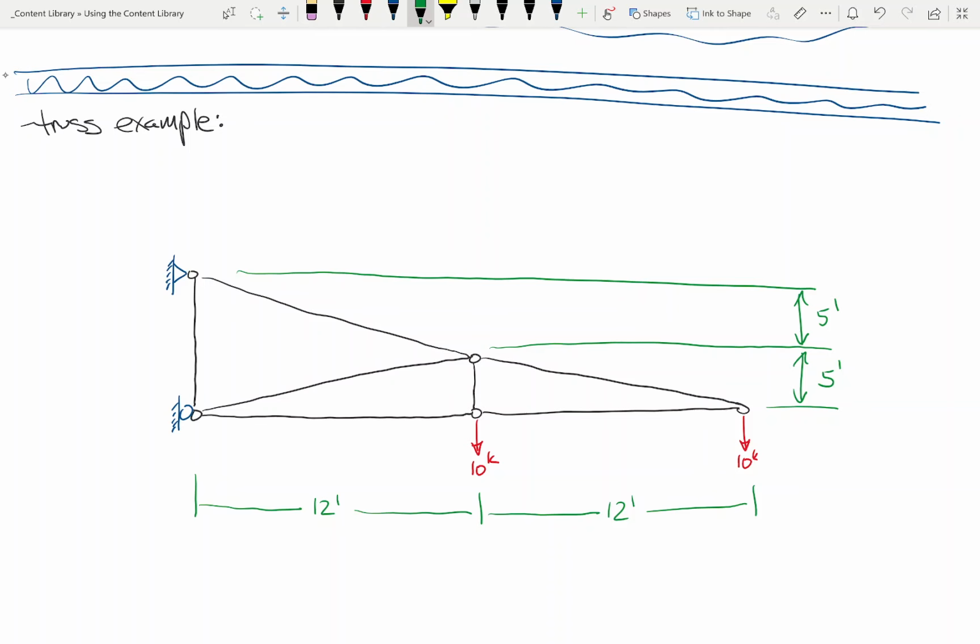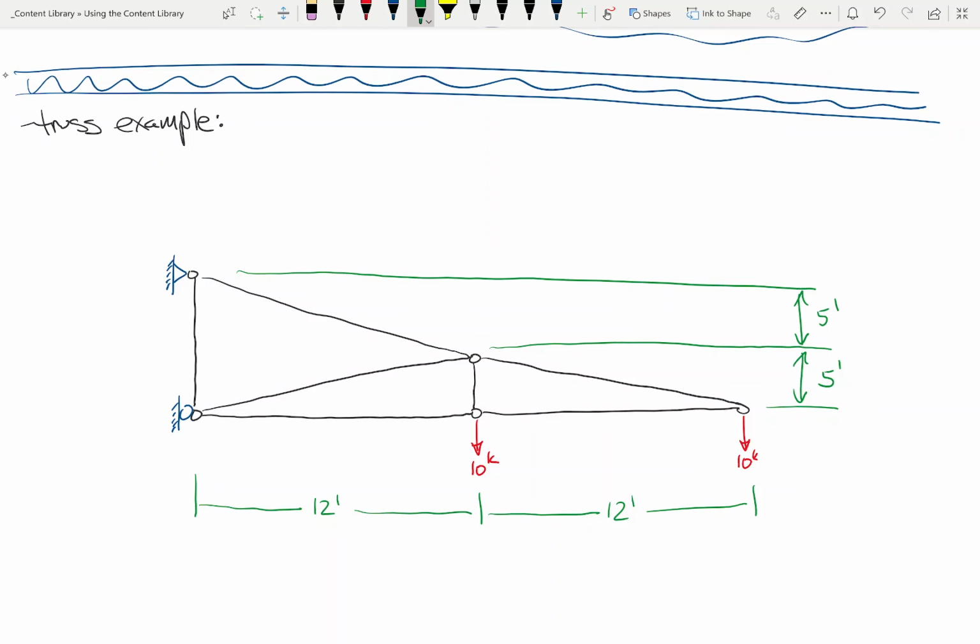Okay? By the way, does anybody recognize this triangle? If this is 5 and 12, what is this? 13. So you can sort of see what I'm getting at there. In fact, every diagonal is a 5 on 12 triangle, every one of them.